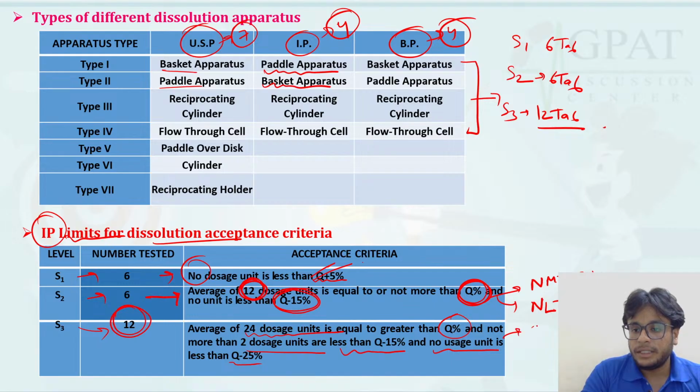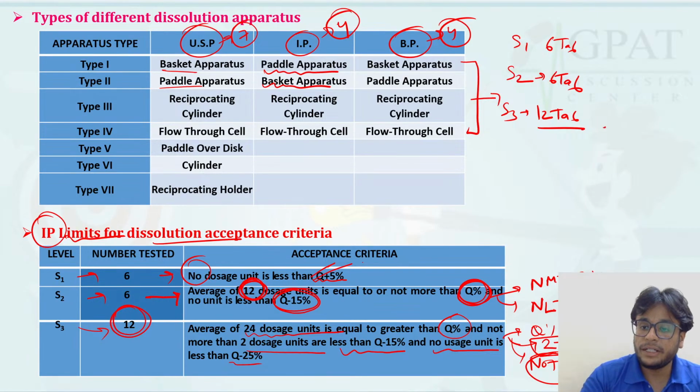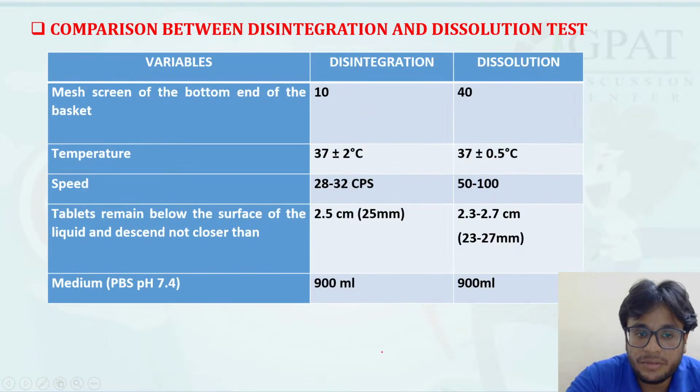So it can be Q%, that is normal, but if the release pattern is not followed for 12 tablets, they allow only 2 tablets to have content variation of Q minus 15%. So this is the condition for the dissolution apparatus.